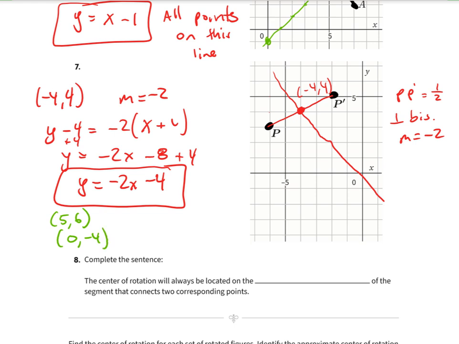We already have this point. Let's plug in x equal to negative 2. We get 0, so we get negative 2, 0. All right, so those 4 points are good to go for this, but basically anything that's on this line is going to work out. All right, let's progress to number 8.